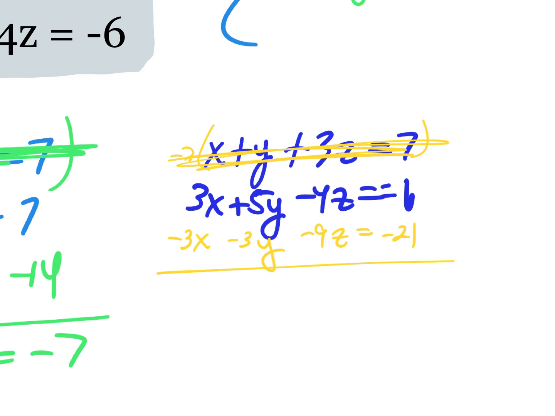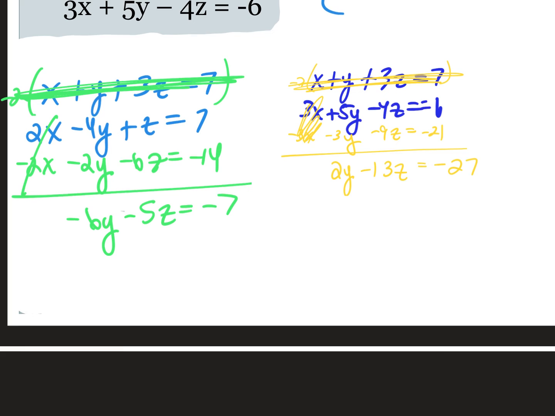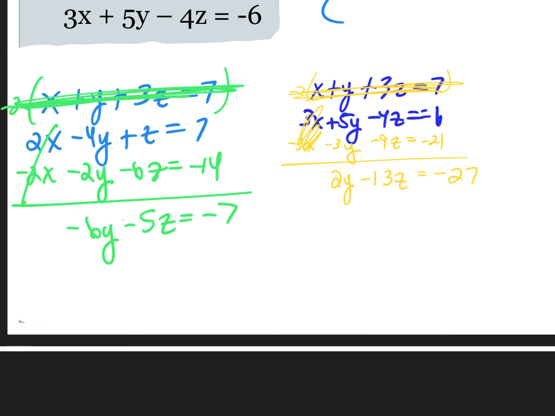Agreed? Okay. What happens with my x's? Cancel. 5y minus 3y is 2y. -4 and -9 is -13z. And what's -6 and -21? -27? Okay.